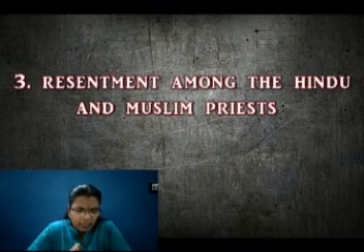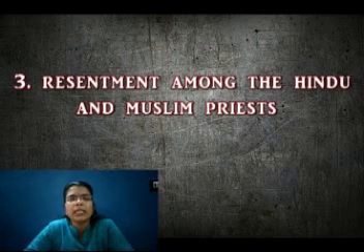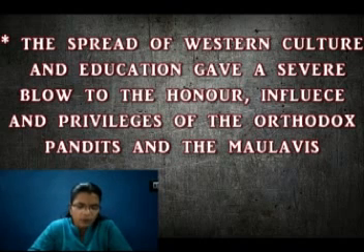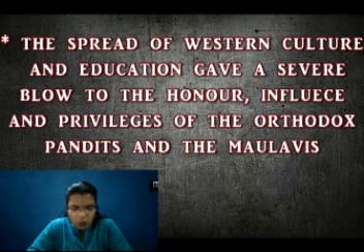Most of the orthodox Indians were against these changes. Then there was resentment among the Hindu and Muslim priests. The spread of Western culture and education gave a severe blow to the honor, influence and privileges of the orthodox Pandits and the Maulvis.